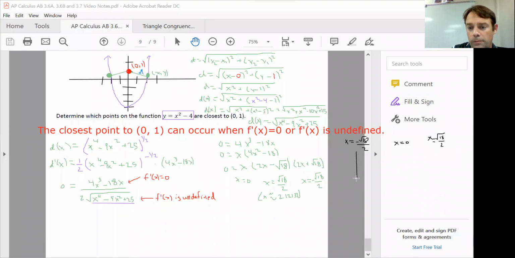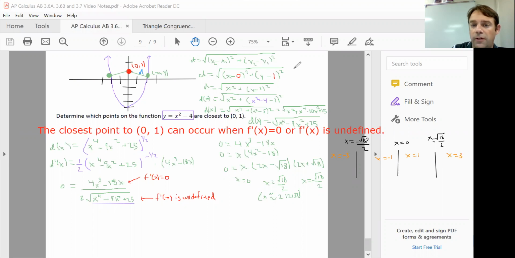We're just going to plug numbers in each of these intervals to test them here. And just for the fun of it, I'll use -3 out here, then -1, 1, and 3.